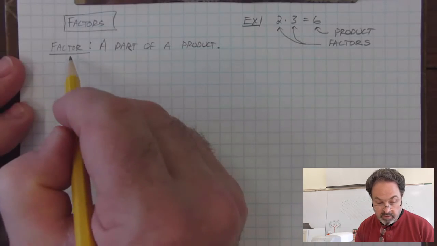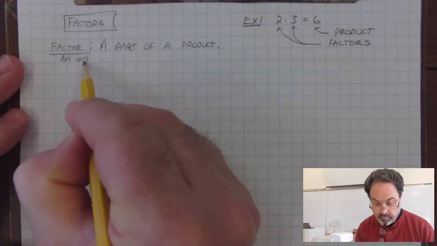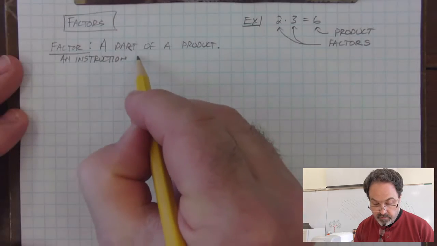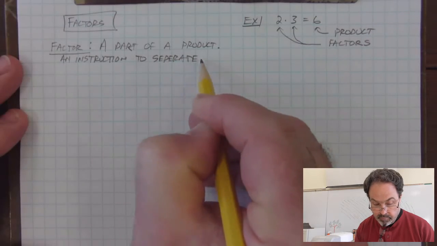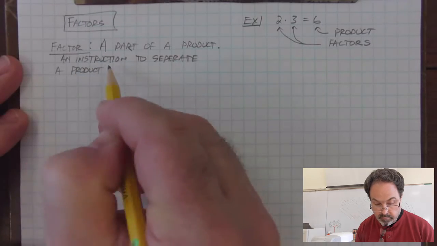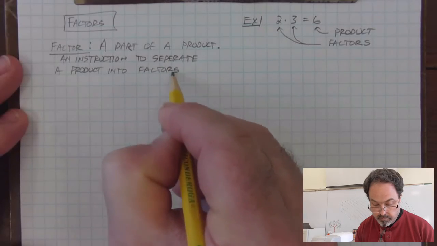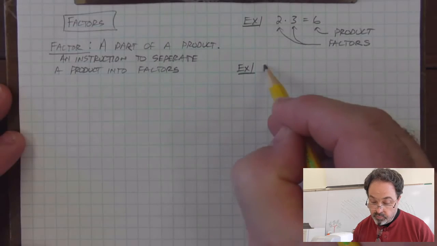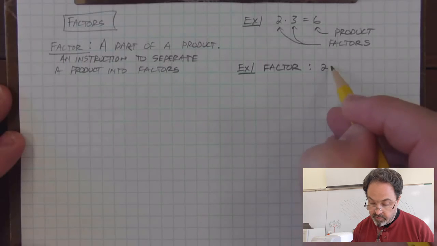Factor can also be an instruction. An instruction to separate a product into factors. For example, we could be instructed to factor and be given a number to factor.